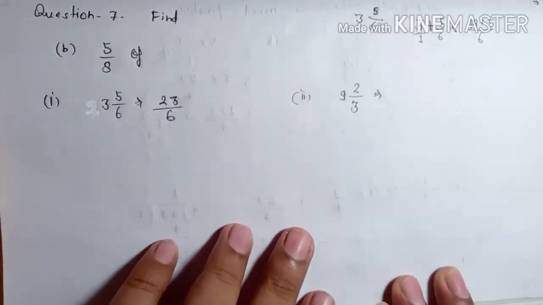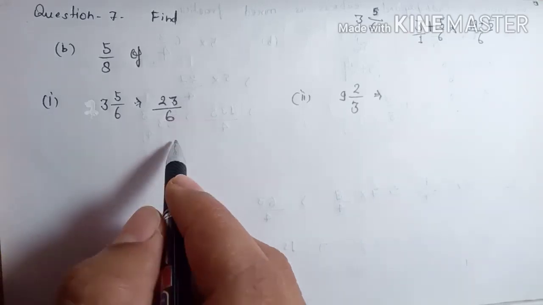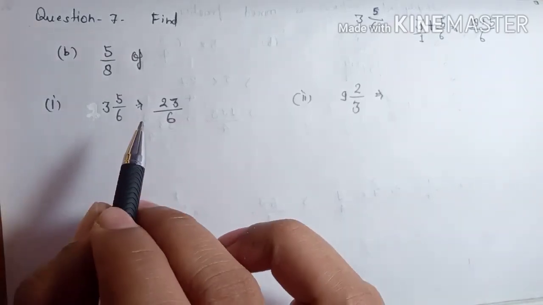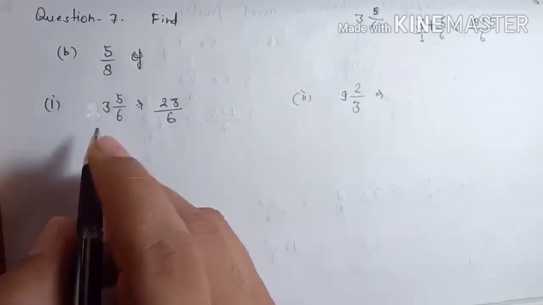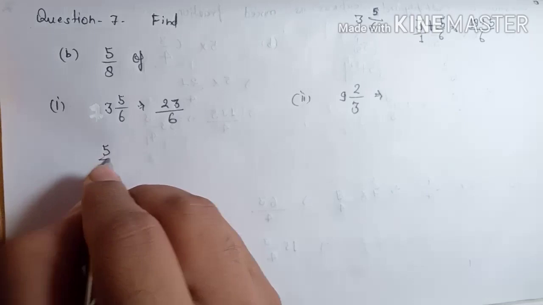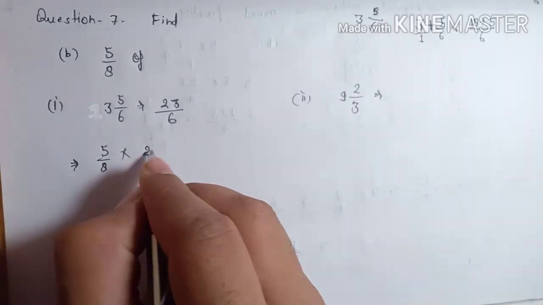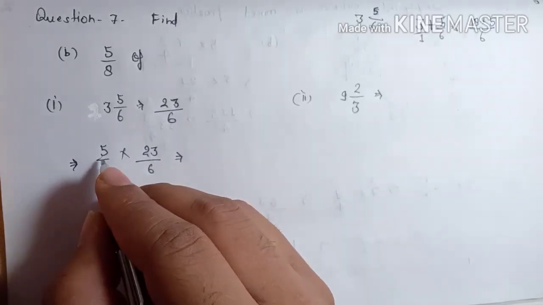Okay, now we have to find 5 upon 8 of 23 upon 6. So multiply, as I told you before, when you get this "of" sign it means you are going to multiply. So multiply this 5 upon 8 into this 23 upon 6, and this is your answer.